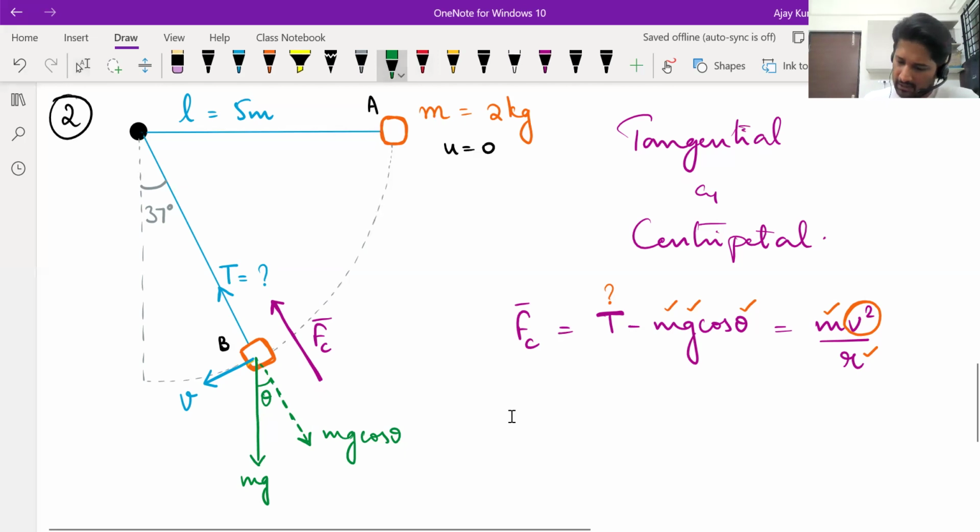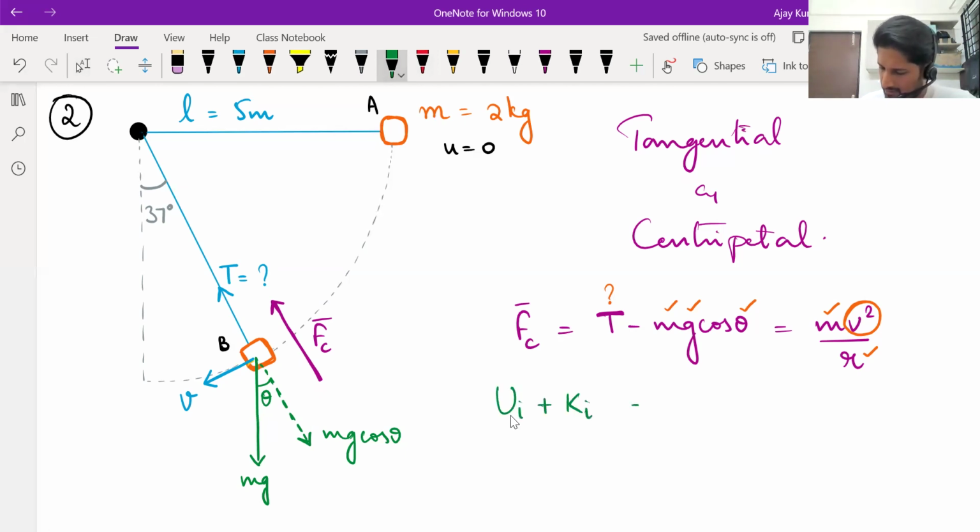And how do we apply mechanical energy conservation? Initial potential energy plus kinetic energy is equal to final potential energy plus kinetic energy. The conservative force involved here is weight, gravity, so the potential energy you need to consider is gravitational potential energy, mgh. You have to assign an initial height and a final height.